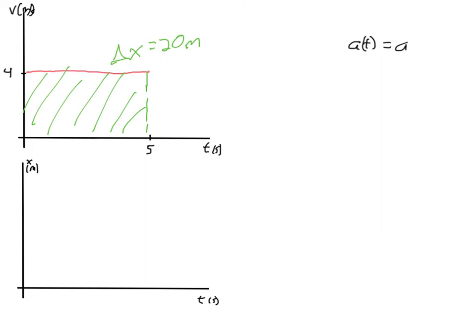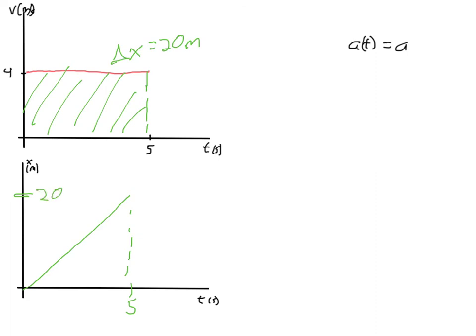But then whenever I come down here to this bottom graph, x and t, where do I actually start from for this velocity? Technically, if I started from 0, I could have a slope of 4 and go up like this for 5 seconds, and this would have a change in displacement all the way up to 20 meters.